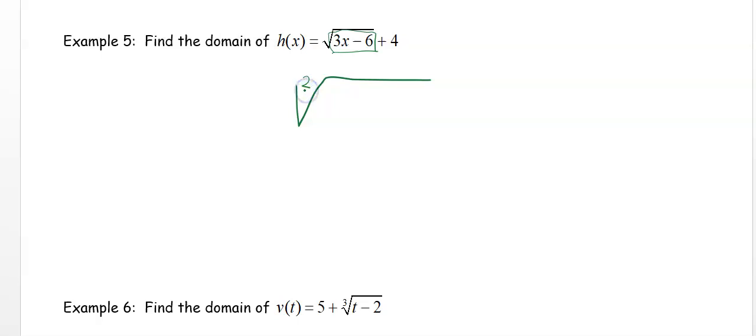That is called the index, and that's what makes this what I'm calling an even root. So the 3x minus 6 has to be non-negative. It has to be greater than or equal to 0. Otherwise, I will be taking the square root of a negative number.